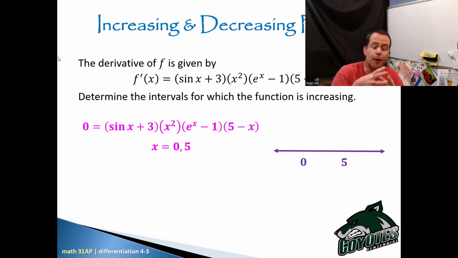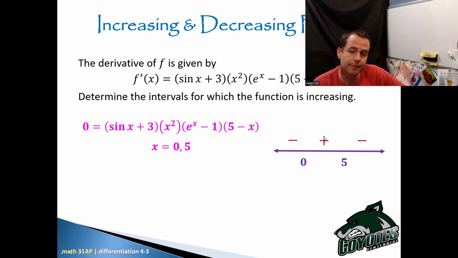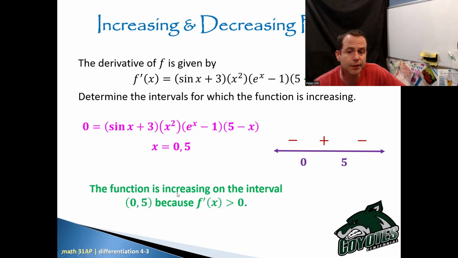And then it's that positive or negative answer that's telling us whether the function is increasing if the derivative is positive or decreasing if the derivative is negative. I end up with negative, positive, negative. So I know I'm increasing. The question only asked for the increasing. So I'm increasing from 0 to 5. Okay, so the function is increasing on the interval 0 to 5 because the derivative at that moment is positive.